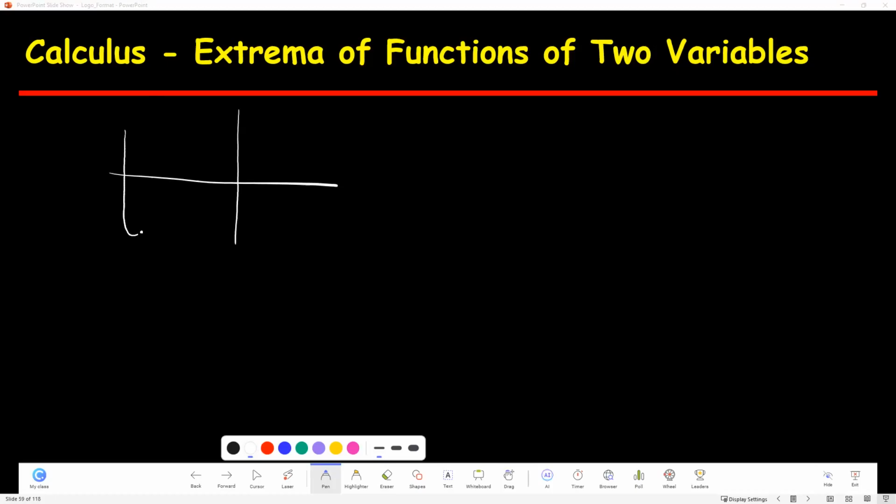This curve is going to come down, come up, come down, right? So if you look at one thing, I have a bunch of points here. This point, this point, this point.